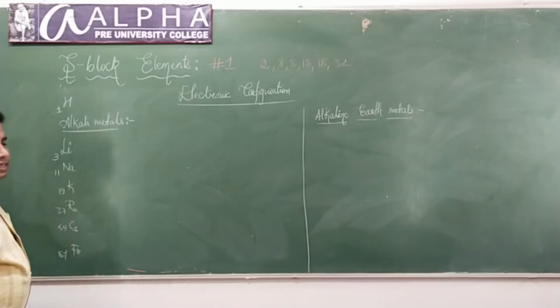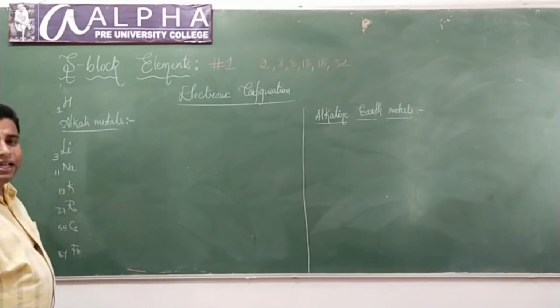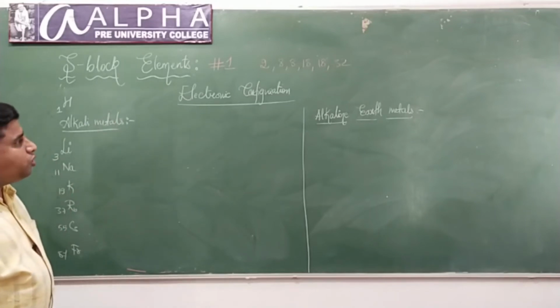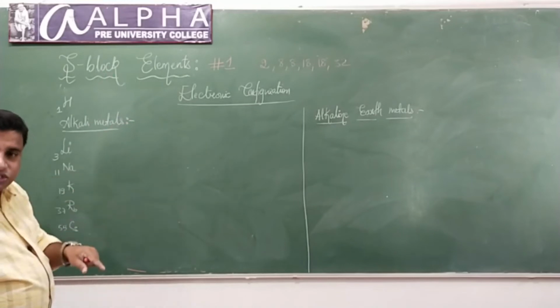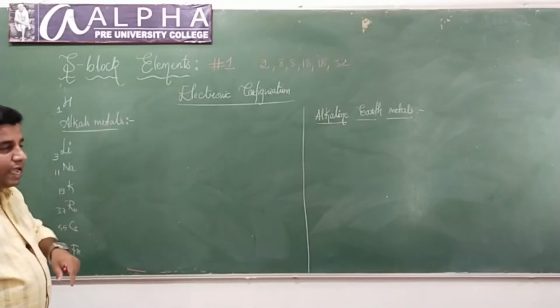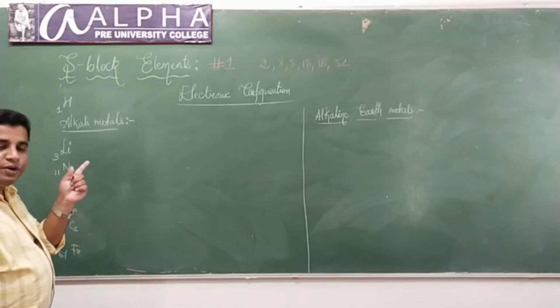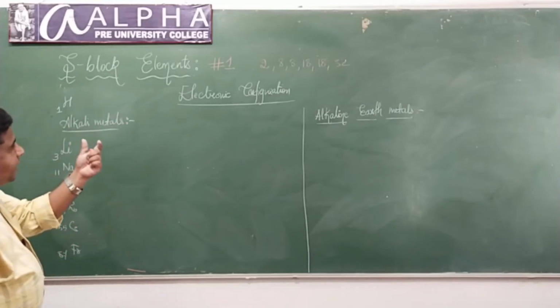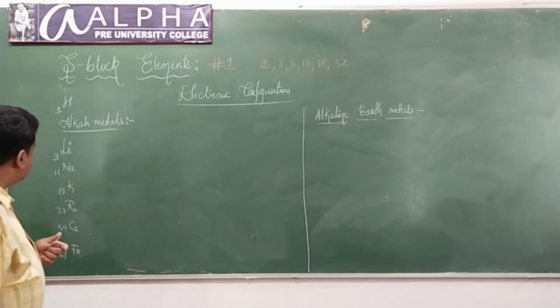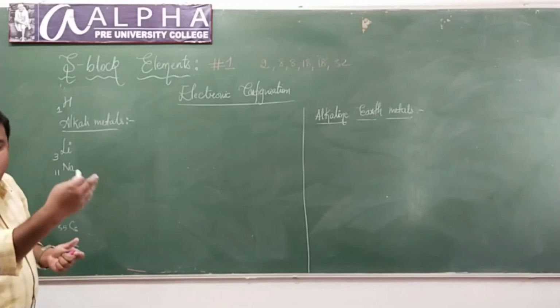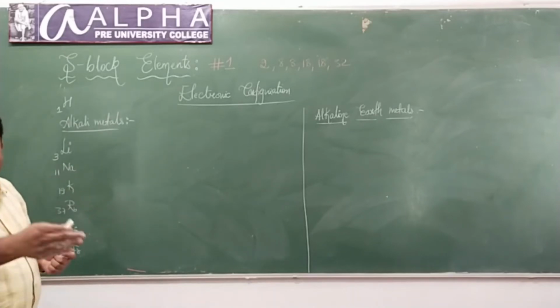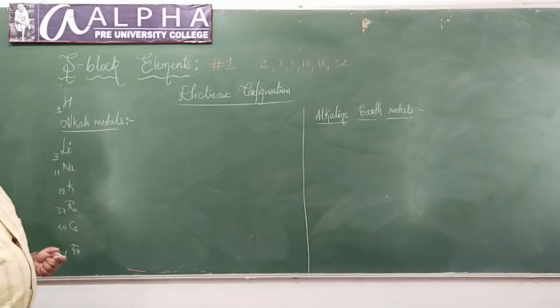Just remember 2, 8, 8, 18, 18 and 32, starting from the first period element of the first group. This is called the magic number series, which you have learned in classification of elements and periodicity in properties.